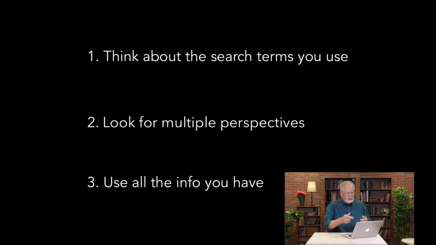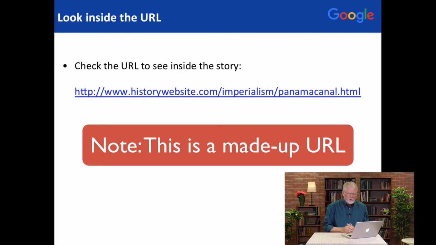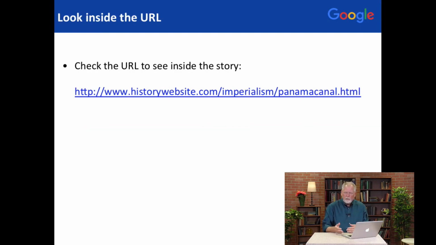For instance, here is a website, and this is made up, but you can imagine finding a historical website talking about the Panama Canal and the history of the Panama Canal. Notice something here. In the URL, there's a word that specifies what directory it's in, what piece of the website it's in, but it could be giving you a hint about the particular perspective that this website takes on the history of the Panama Canal.